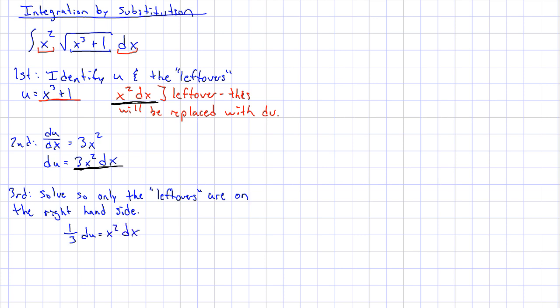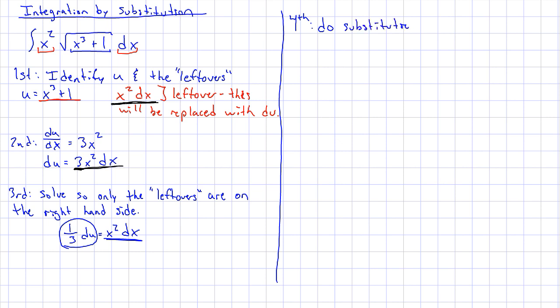So when I do my substitution, 1/3 du is going to go in for all of that. The next step will be to do the substitution. So I will be having the integral of x cubed plus 1, so u is going to go in place of that.